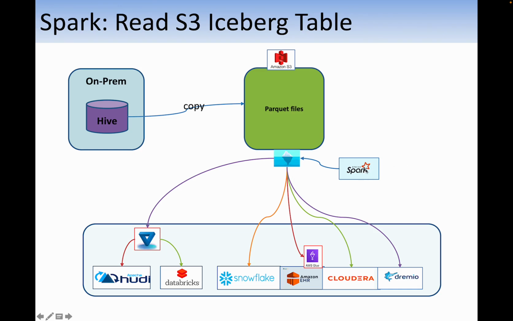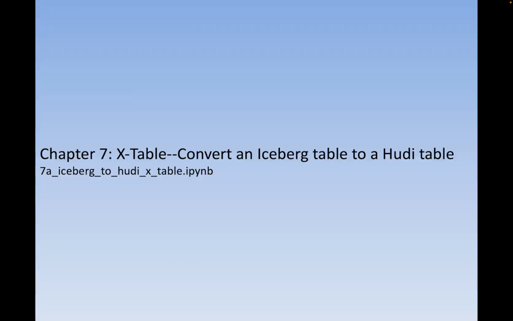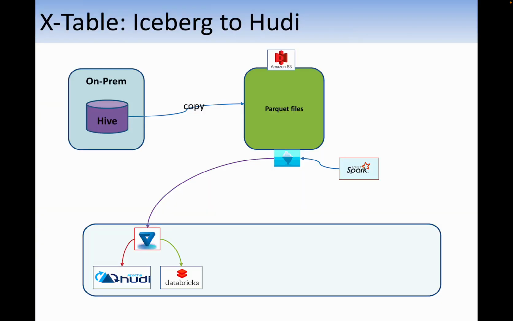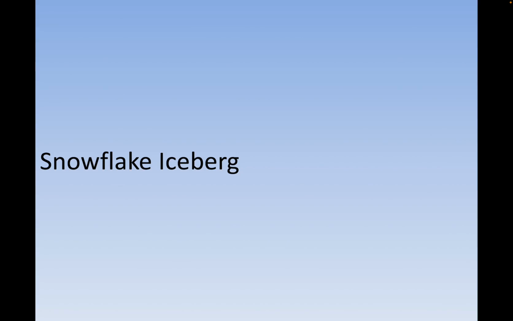We registered the table temporarily and were able to read it. Then we converted it using X table into a Databricks delta table or a Hoodie table, and we also tested incremental. So this is how you should plan your migration process. Any questions, send me an email.